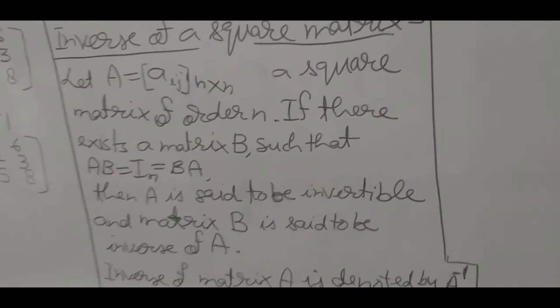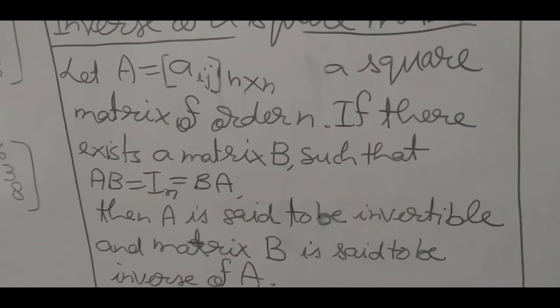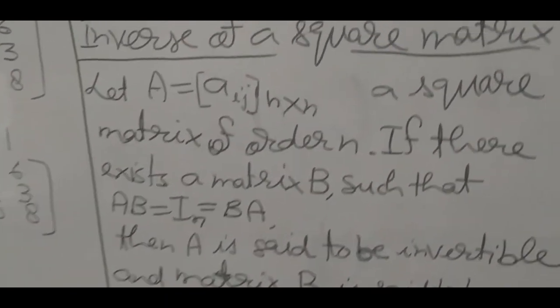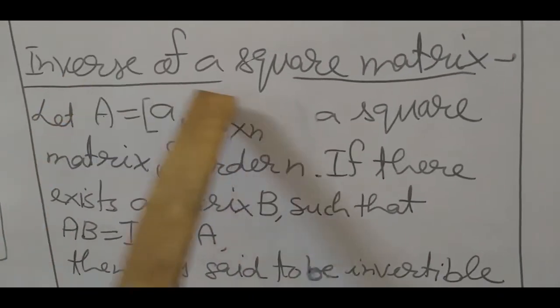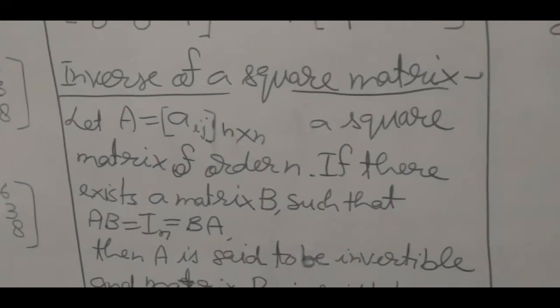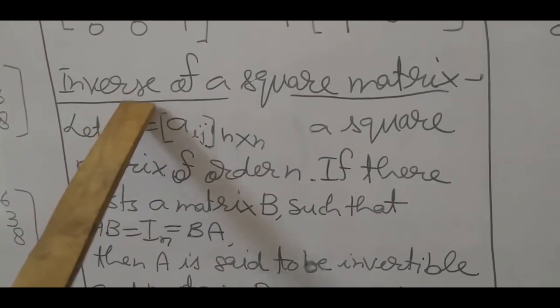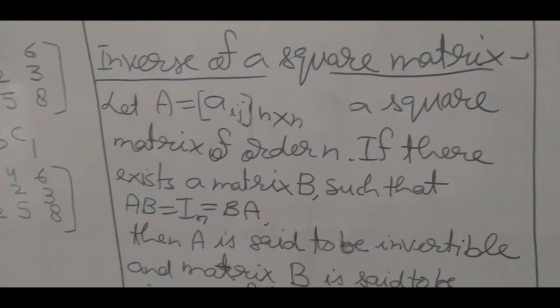If a function is one-one onto, then it is invertible, then the inverse exists, and there is only one inverse. In the same way, we can find the inverse of a matrix. So we can find the inverse of a square matrix only, students, if it is invertible.